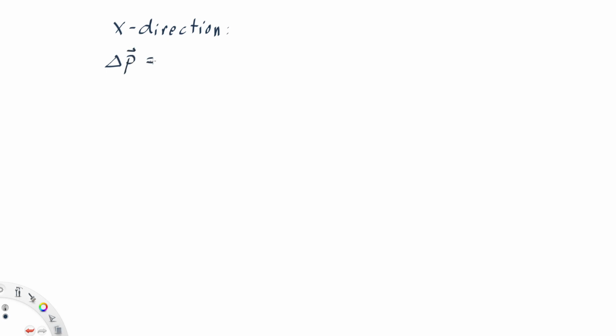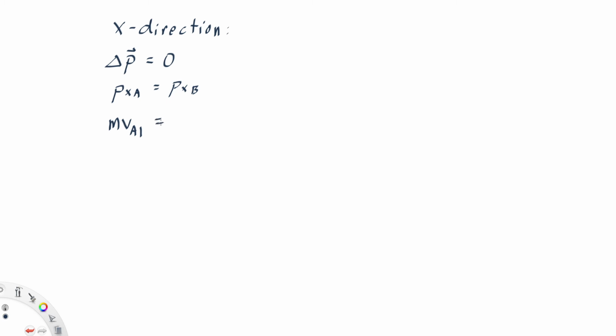We don't have any external forces, which means we don't have any changes in momentum, which means the x momentum before the collision has to equal the x momentum after the collision. So before the collision, we've got only ball 1 moving. So there's the momentum prior to the collision.